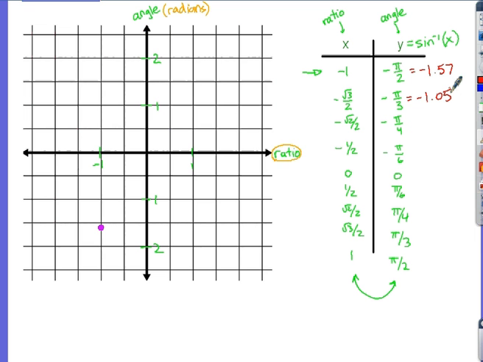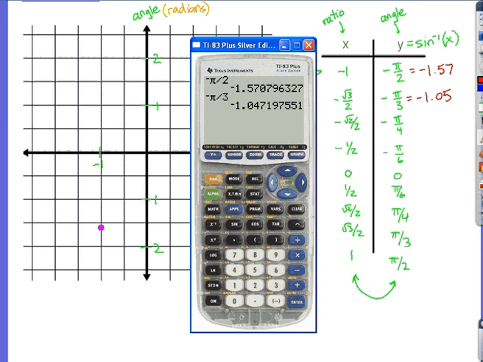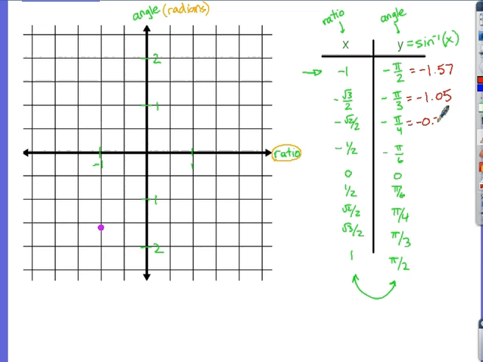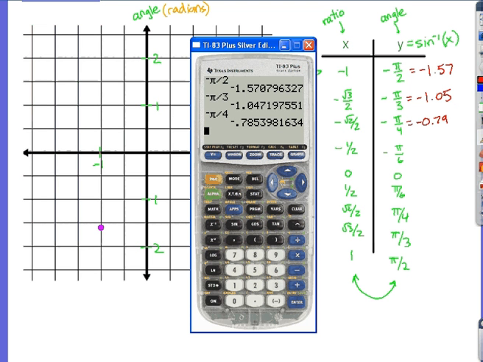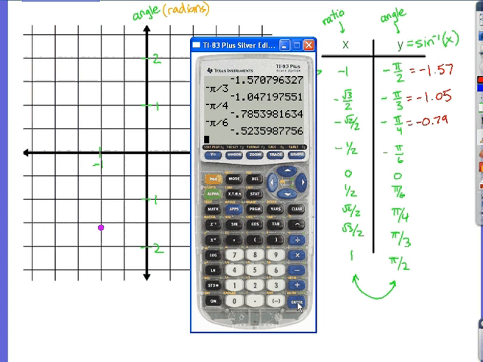Okay, and this is the part you might want to fast forward. Negative pi over 4 gives us negative 0.79. And last one is negative pi over 6. There it is, negative 0.52.